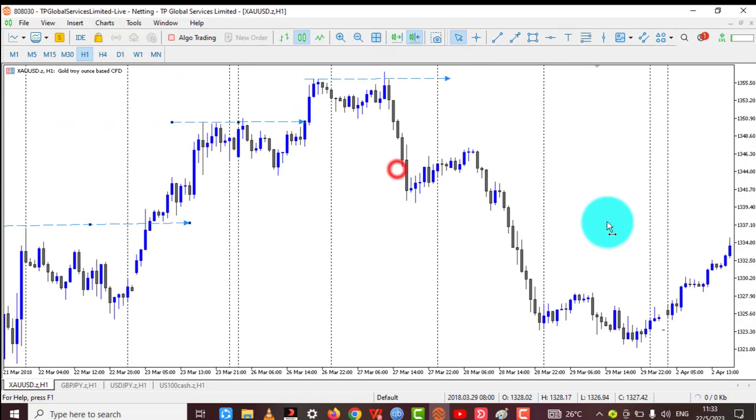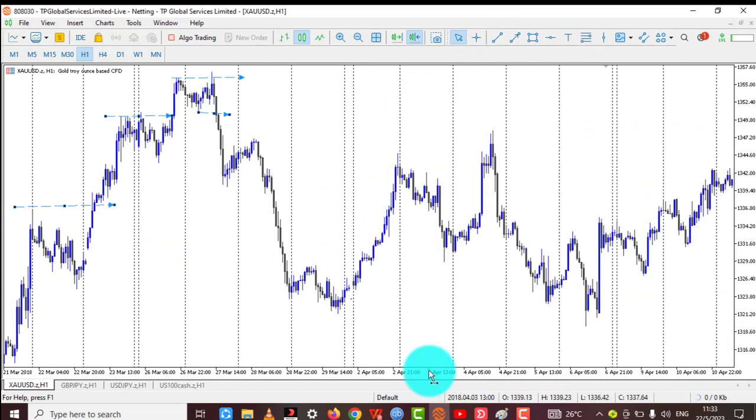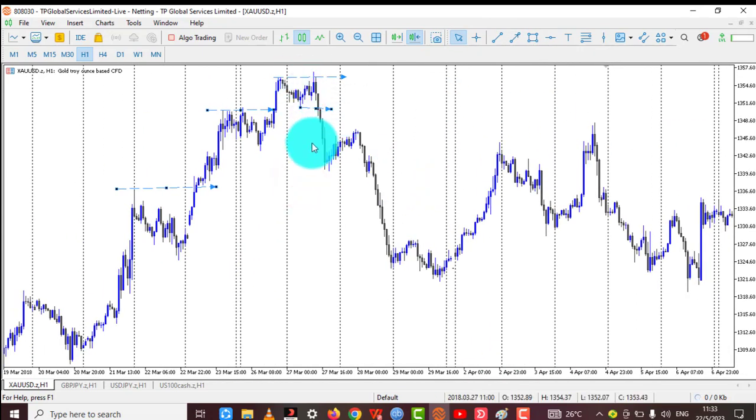So we're not looking to enter here on the reversal, we're looking for price to break a structure and come back for the correction. Then we enter on the correction. So here was a break in market structure, waited for the correction, break in market structure, waited for the correction.